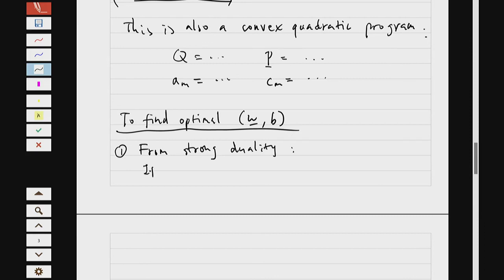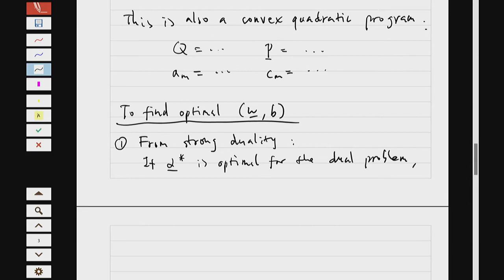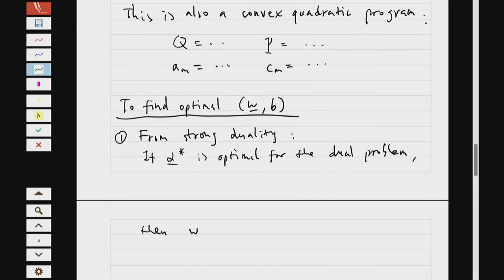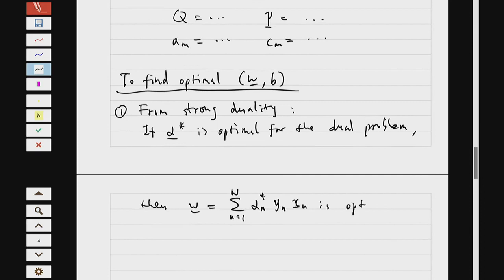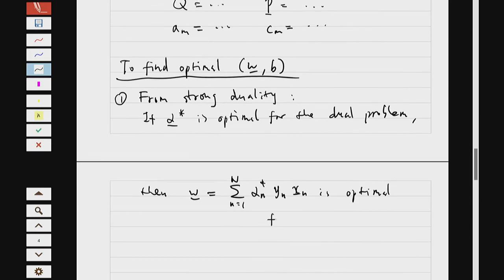We know that if alpha, the entire vector of Lagrange multipliers, is optimal for the dual problem, then W of that form, the sum over n from 1 to N of alpha n star y n x n, is optimal for the primal problem.